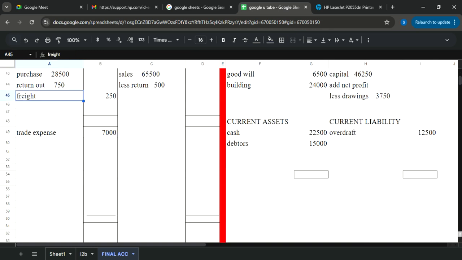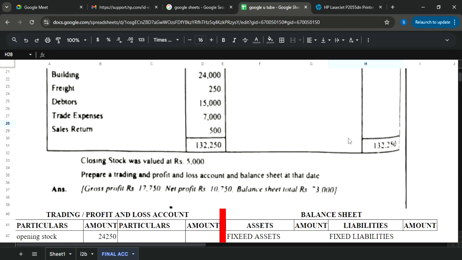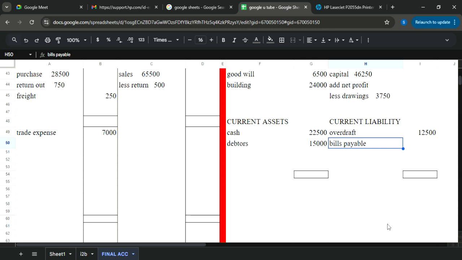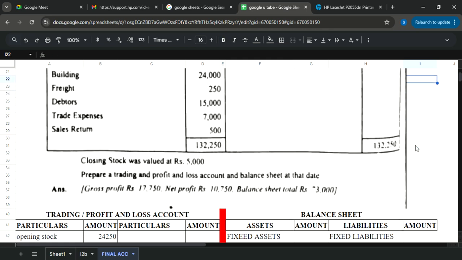You will come over here and write bills payable. The amount of bills payable is 7250. Just write down 7250. Okay guys, now we will see what else is left.